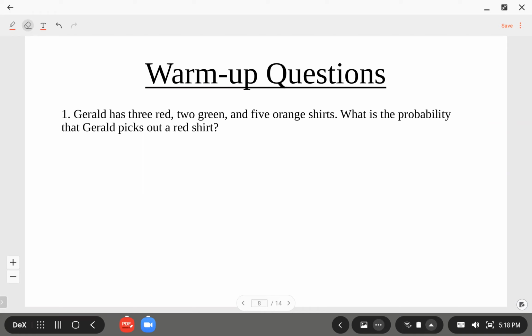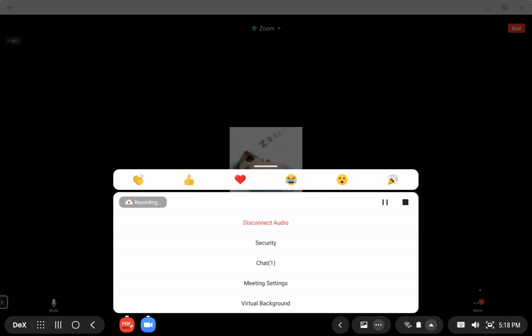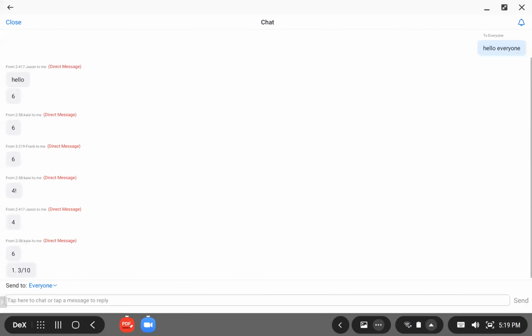Question number 1. Let me repeat. Gerald has 3 red, 2 green, and 5 orange shirts. What is the probability that Gerald picks out a red shirt? Please put your answer in the chat. Question number 1, 3 out of 10.